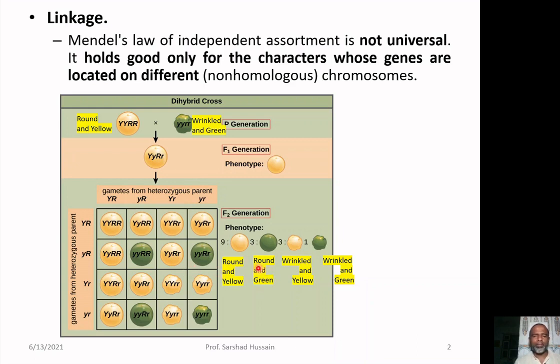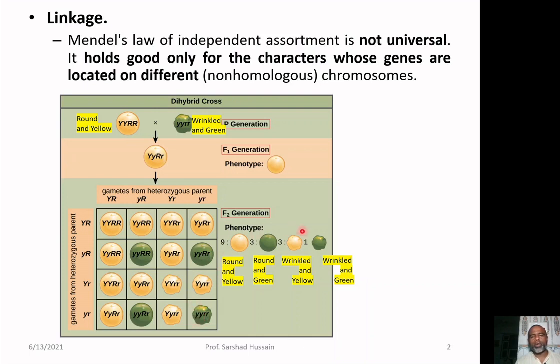Sometimes the yellow gene is with the round gene, sometimes the yellow gene is with the wrinkle gene, small r, sometimes the green gene is with the round gene, and sometimes the green gene is again with the wrinkle gene.